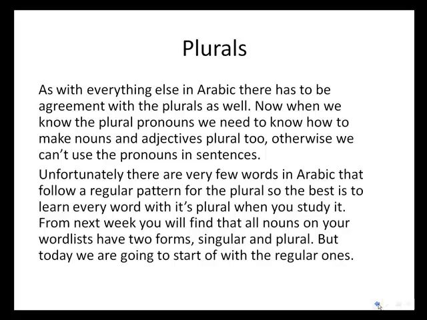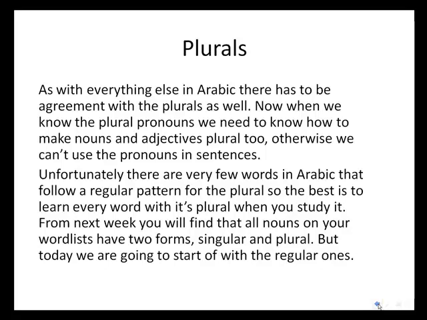Remember how we said, for example, huwa jamil, he is beautiful. If we want to talk about a group of men that are beautiful, we cannot, absolutely not, say hum jamil. We need to change jamil to the plural form so that we have agreement.